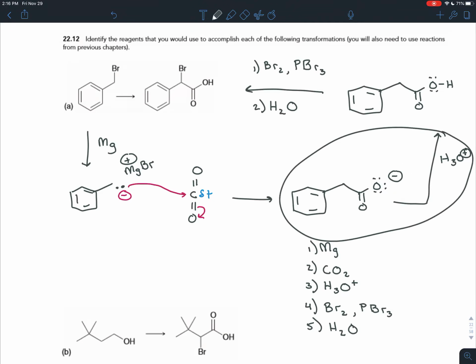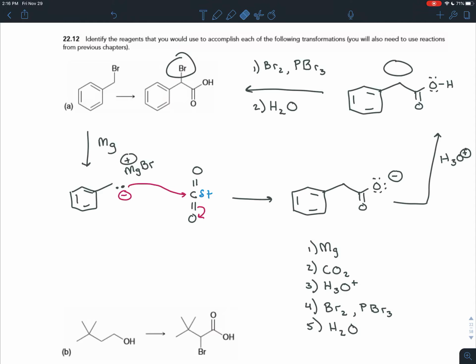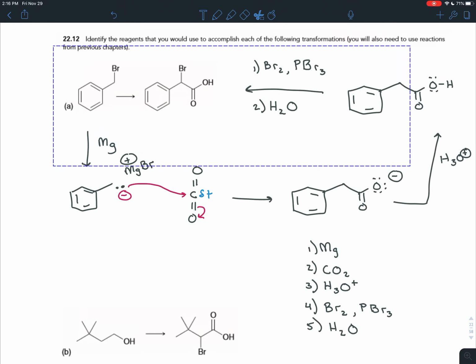You stabilize the positive charge with a proton transfer, and then you'd want to notice that you'd want to add a bromine on the alpha carbon of a carboxylic acid. And that is the recipe, that is the signature, the bat signal for the HVZ reaction, the Hell-Volhard-Zelinsky reaction. So that's one possibility.